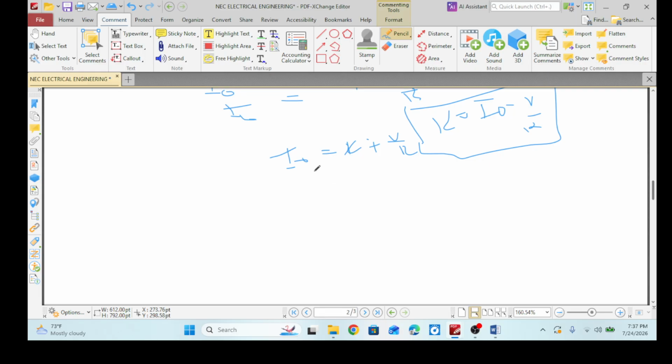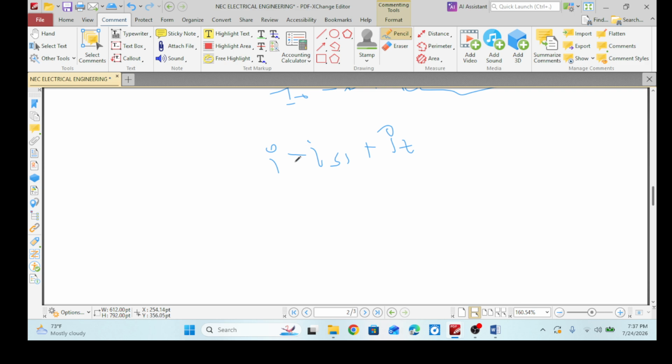So if we apply this equation, I_SS plus I transient, we will get: k we have derived, and I_SS we have derived, so I(t) is V by R plus (I naught minus V by R) e to the power minus t by tau.